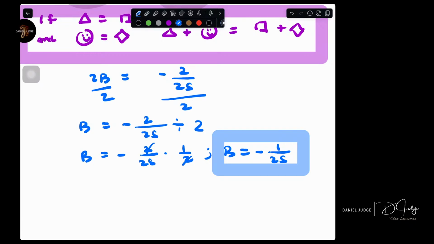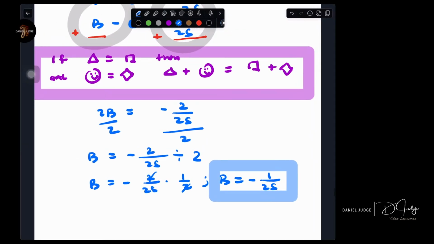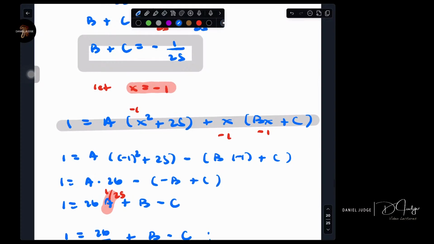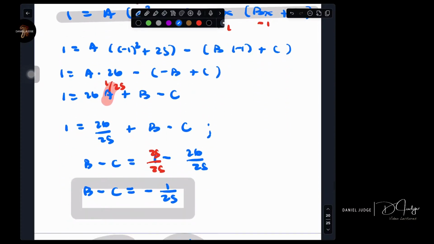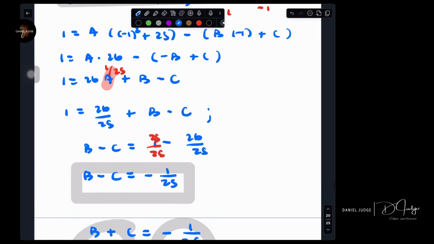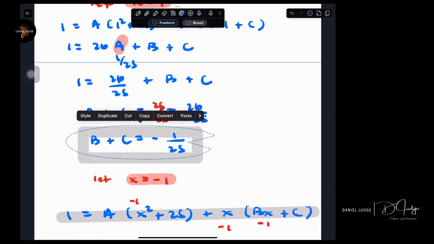So we have a, we have b. Okay, we could use any one of these equations now to get c. So if I start by using that first equation, doesn't matter which one, but we can do that. Copy.